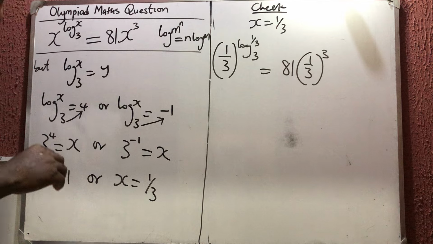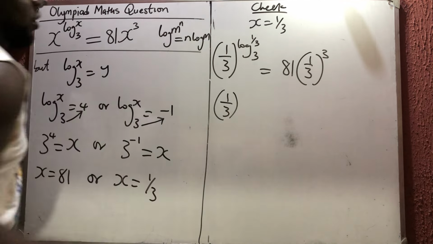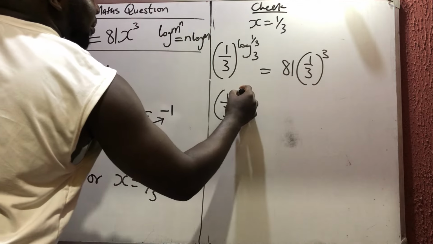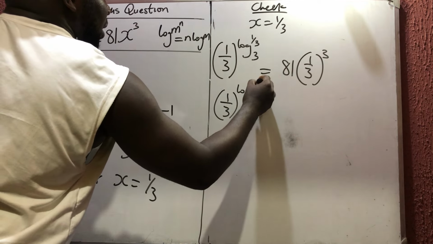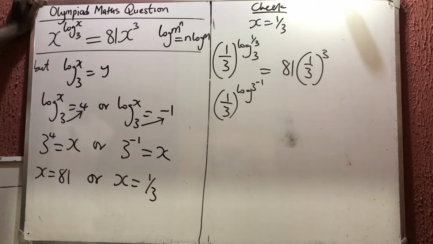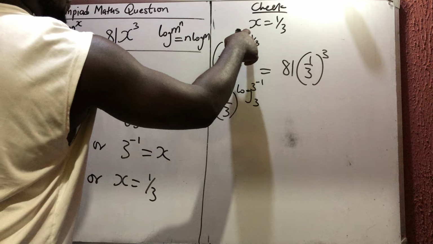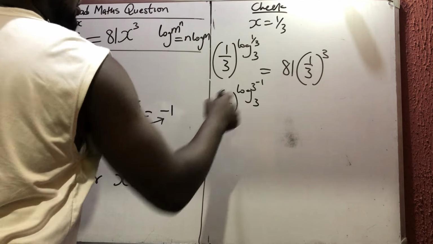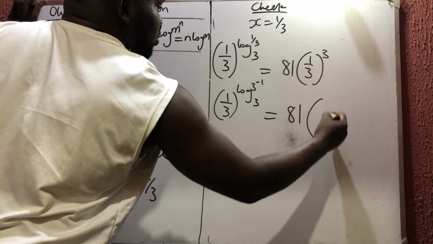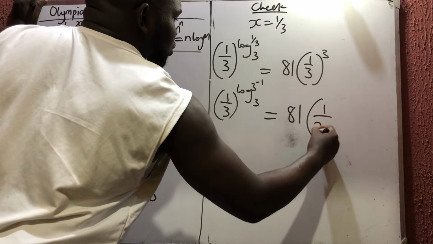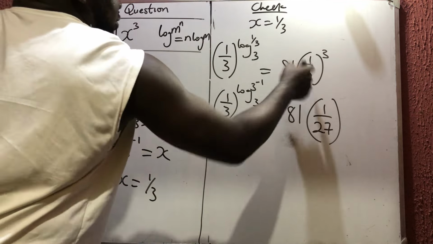Now this is going to be 1 over 3 into log 3 raised to power minus 1 base 3. Because according to indices, if you want to remove 1 over, the power is going to be negative. So is equal to 81 into 1 over 27, because 3 raised to power 3 is 27.